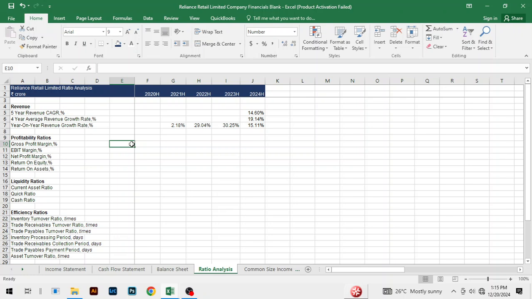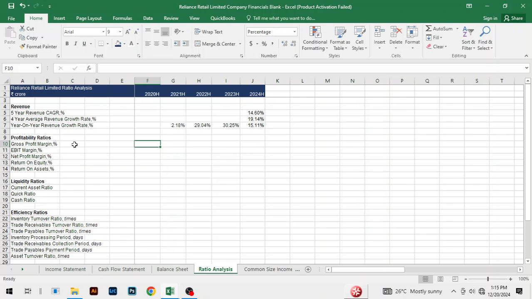So now we want to calculate the profitability ratios. Here we will start by computing the gross profit margin. Gross profit is revenue minus the cost of goods sold.